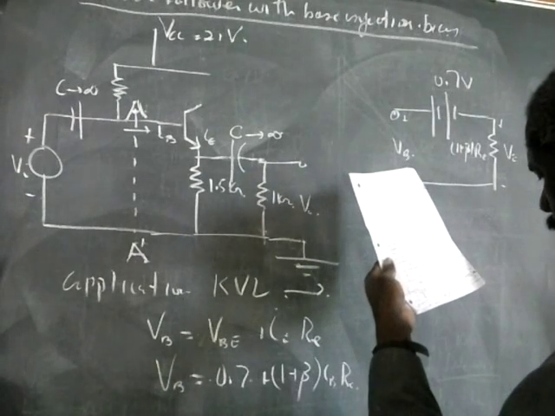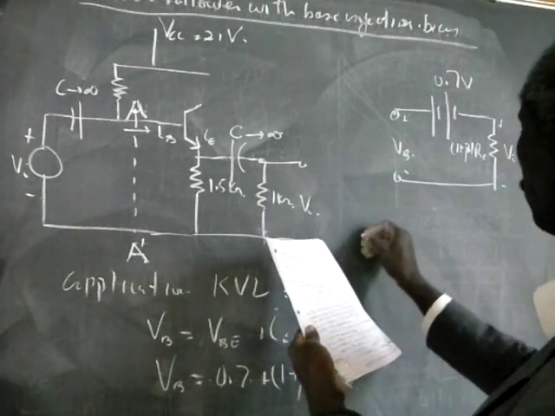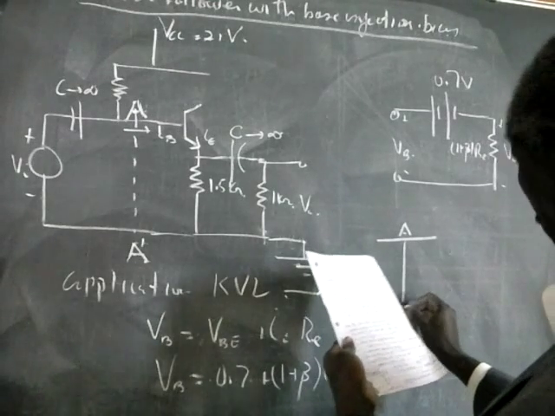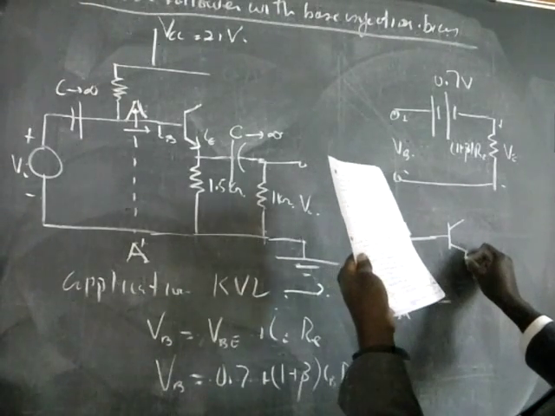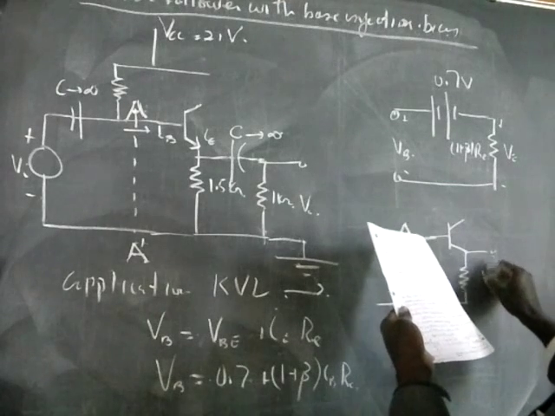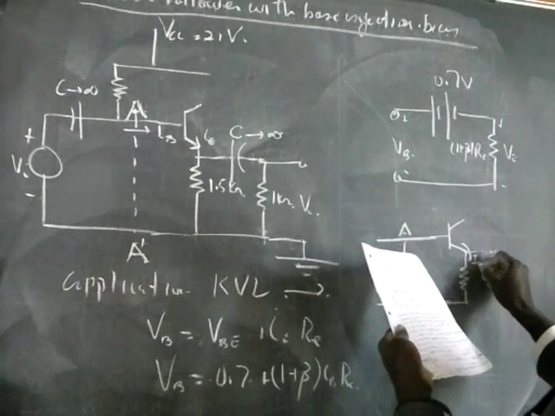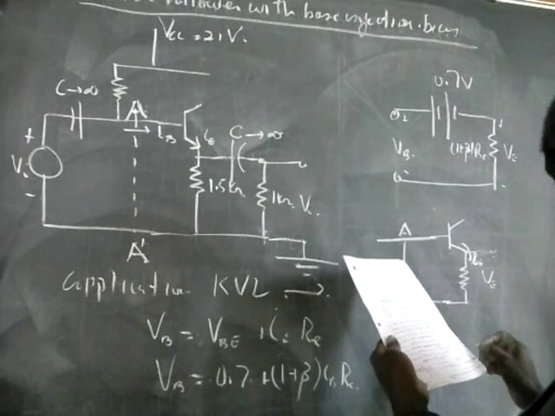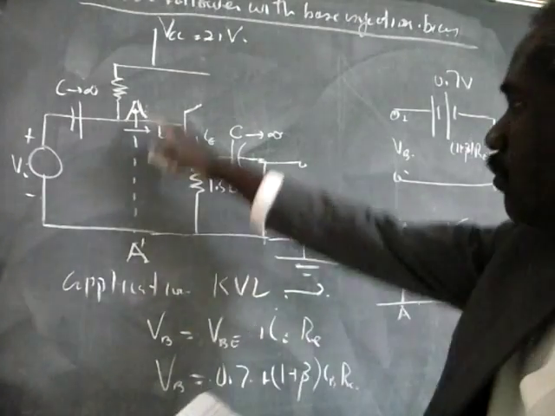And the DC portion of the emitter follower would be A and A prime.